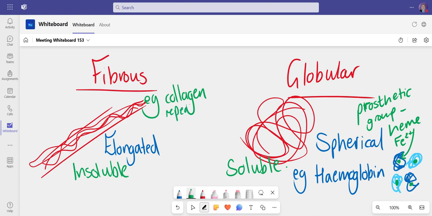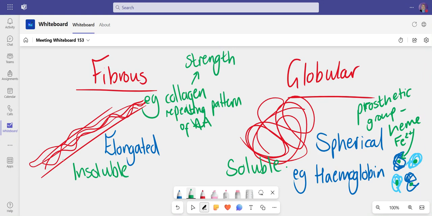It's got a really repeating pattern of amino acids, and it forms these long helices. We find it in our connective tissue, in our ligaments and tendons. Basically, it's just there for strength. It strengthens various parts of our body.